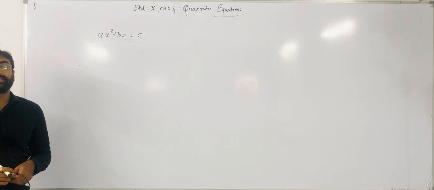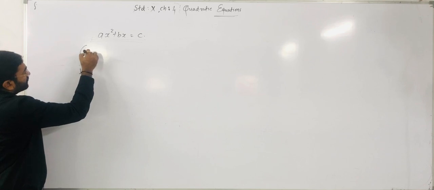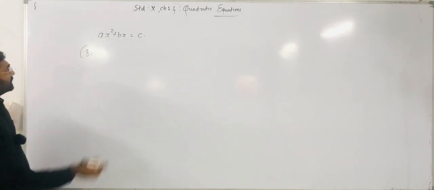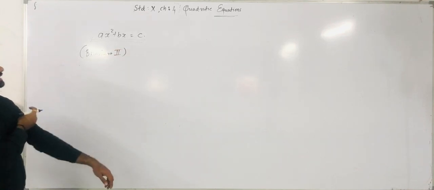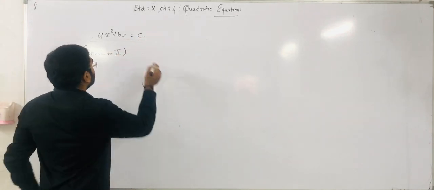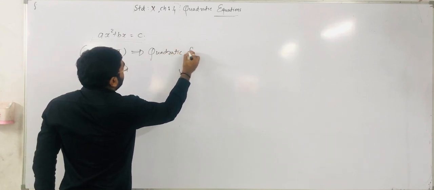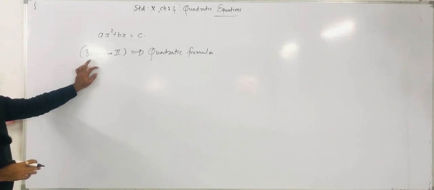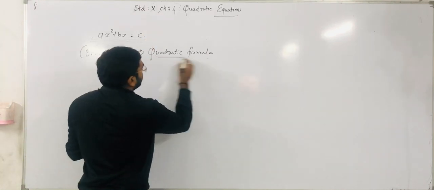Another thing is Sridharacharya, or you can say Bhaskara II. Bhaskara II is another name. He derived the solution of the quadratic equation by the quadratic formula. Okay, Sridharacharya or Bhaskara II solved the quadratic equation by this method, the quadratic formula.